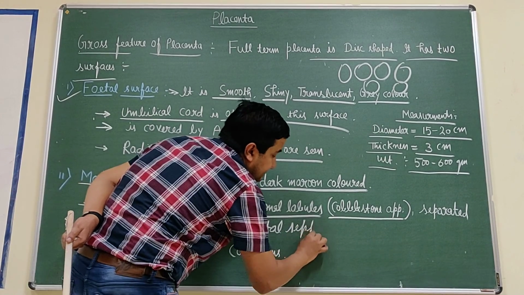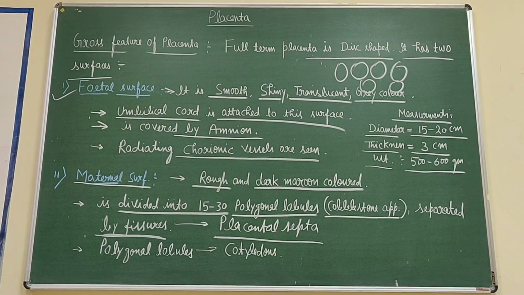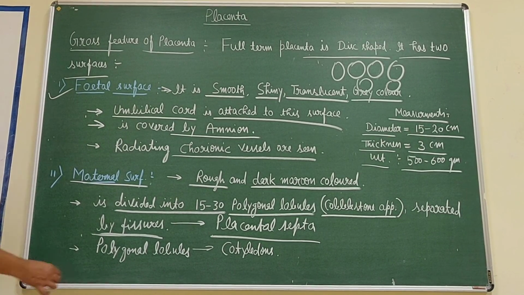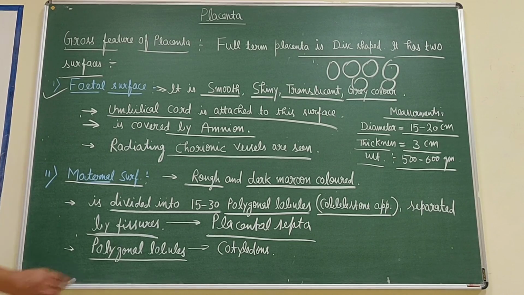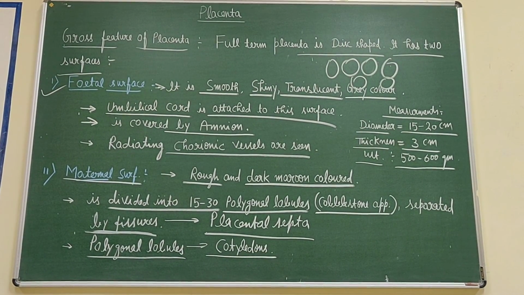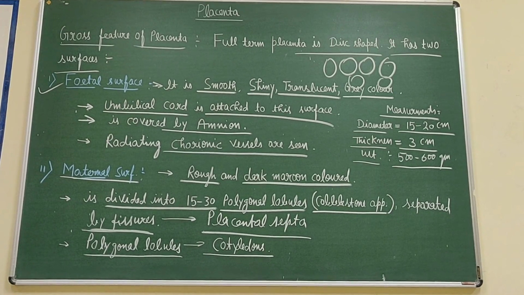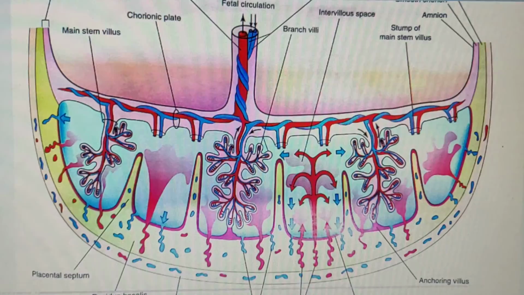Now, these polygonal lobules are known as the cotyledons.